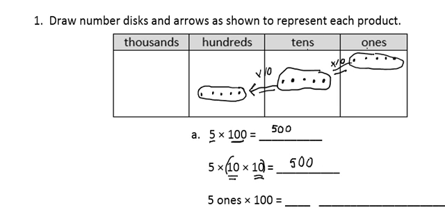And in short word form, I can say that 5 ones times 100 is the same as 5 hundreds. So again, the purpose of this lesson is to show how quickly those numbers grow when you multiply them by 10 each time.